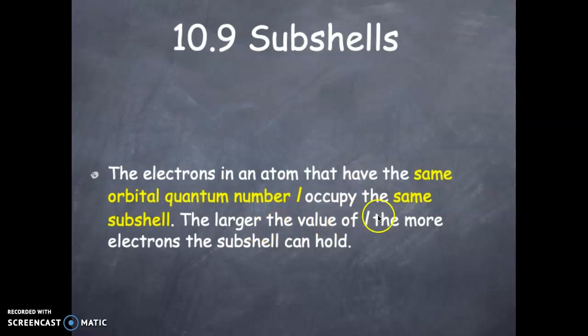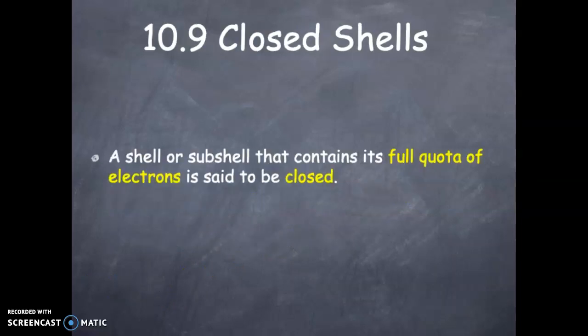The larger the value of this, the more electrons the subshell can contain. Closed subshell: a shell or subshell that contains its full quota of electrons is said to be closed. The inert gases have closed, full shells.